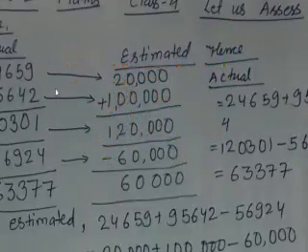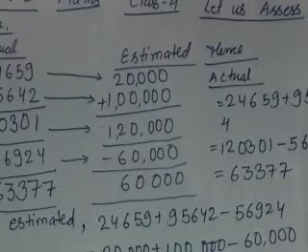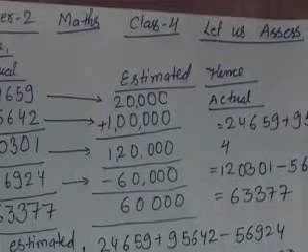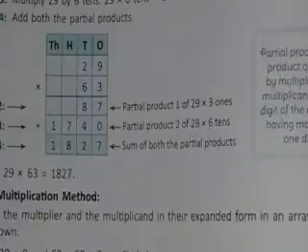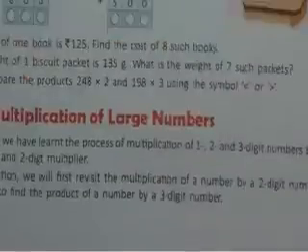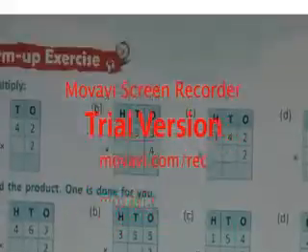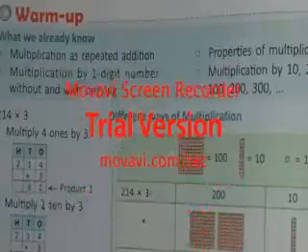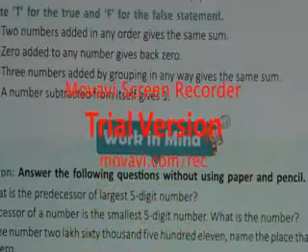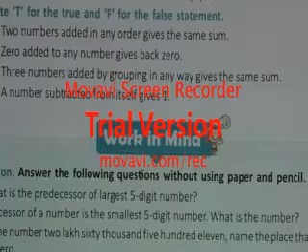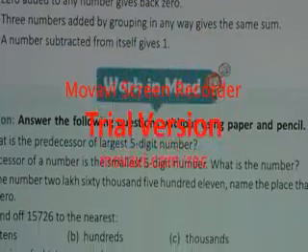Okay, I'll just click over here. You can see the work in mind question. So here it is, question number 4.